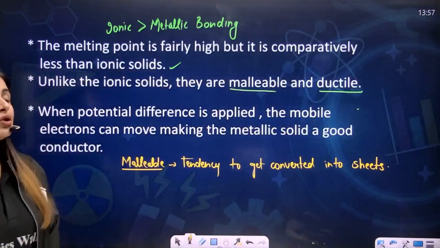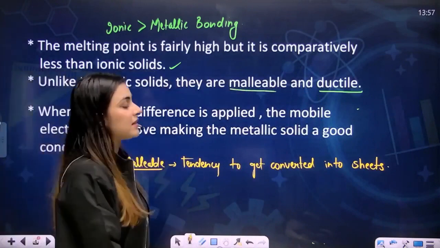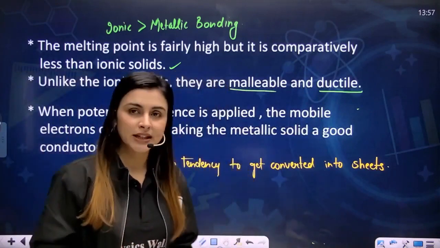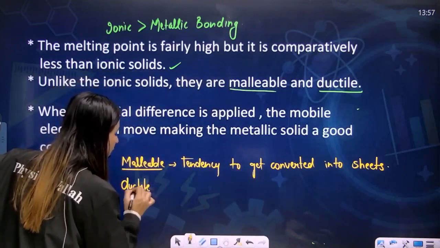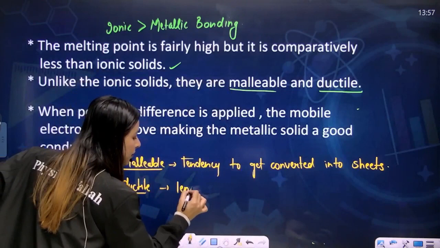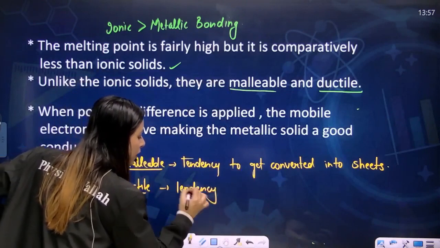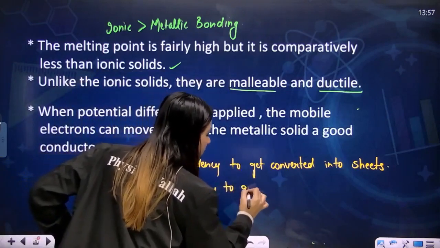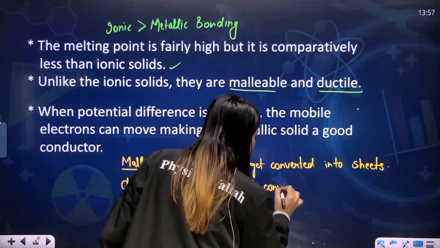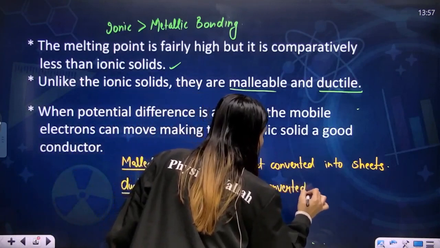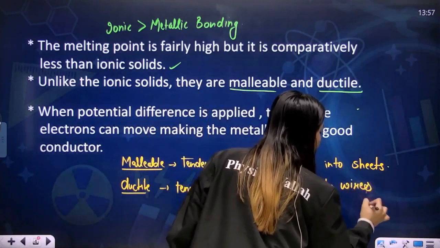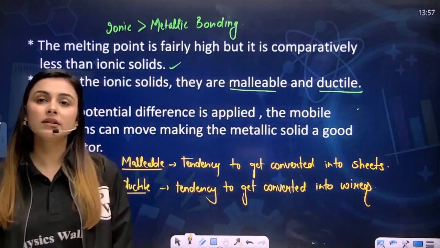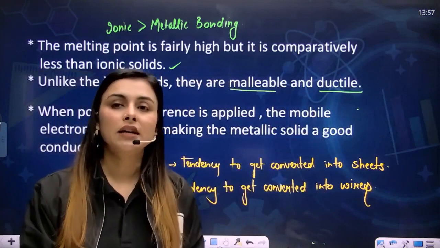And what is ductility? What is ductile nature? The tendency to get converted into wires is actually known as the ductile nature.